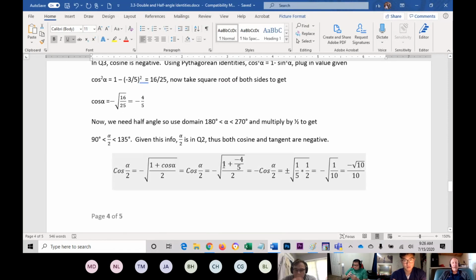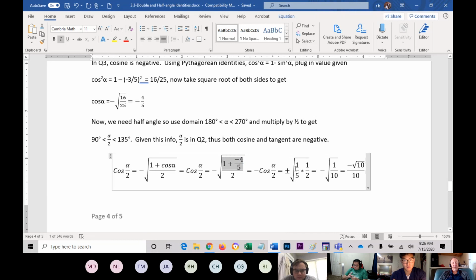Okay, so this is 1 minus 4/5, which is really 1/5. Divided by 2, we could say the same thing as multiplying by a half. So 1/5 times 1/2 is 1/10. If I rationalize the denominator, that becomes the negative square root of 10 over 10. Just because, okay.